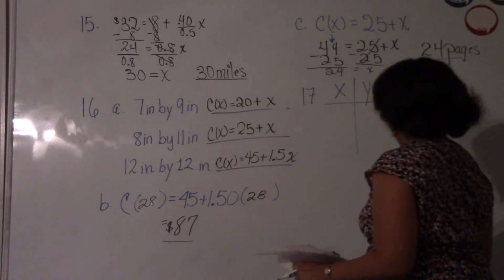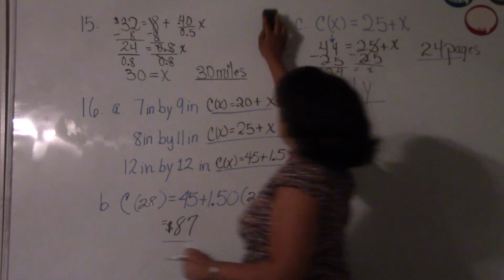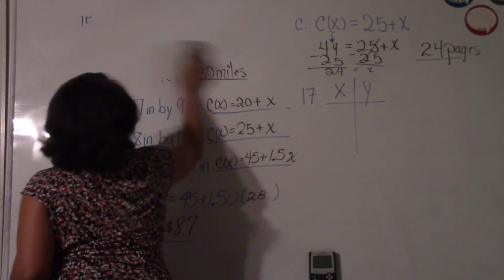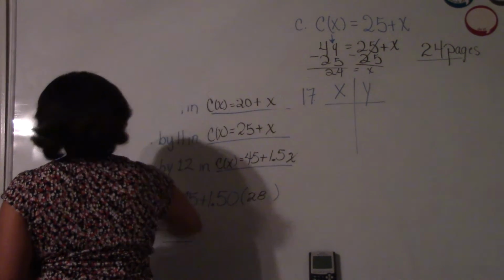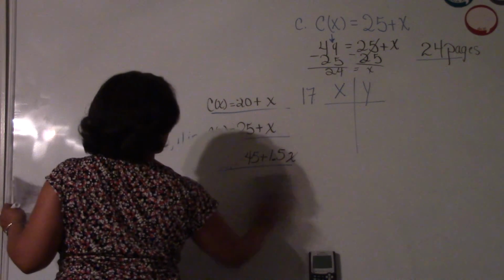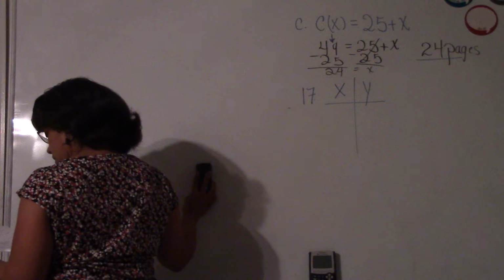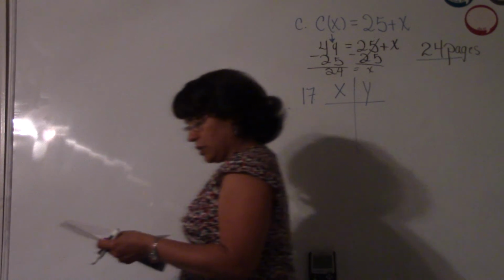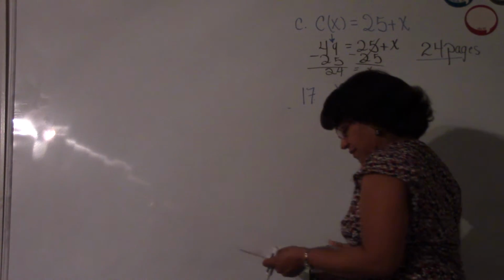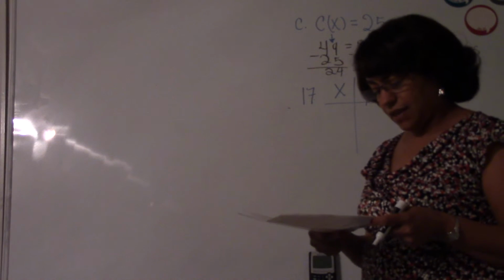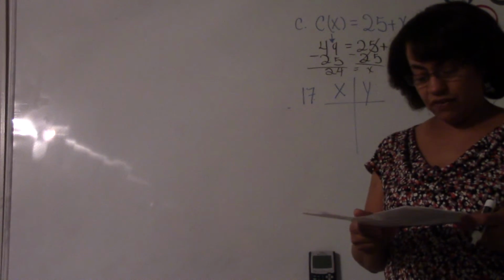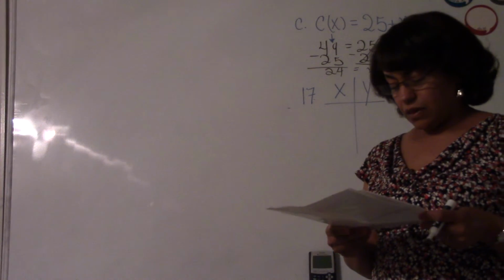Let's go ahead and erase some of this, and then we'll do number 17. Number 17: The attendance on the first day of the fair is 400 people.